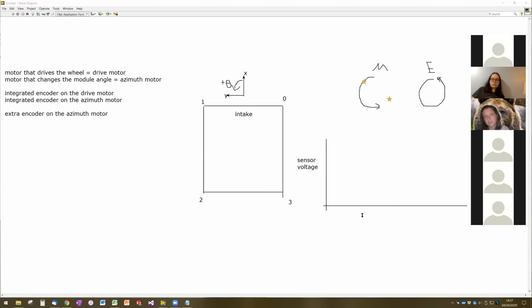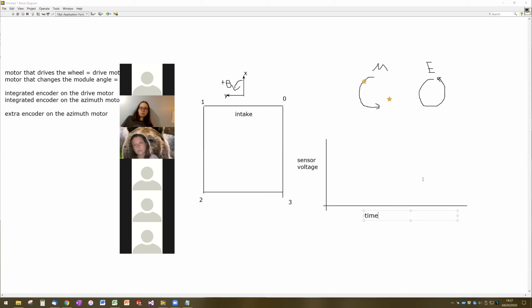And on this axis we have time. So it's just how the sensor voltage changes with time. Let me draw, we've got 0 volts, and then up here we've got 5 volts.